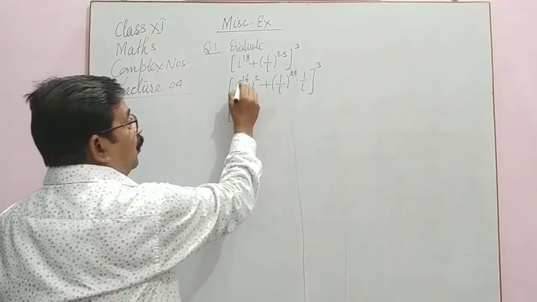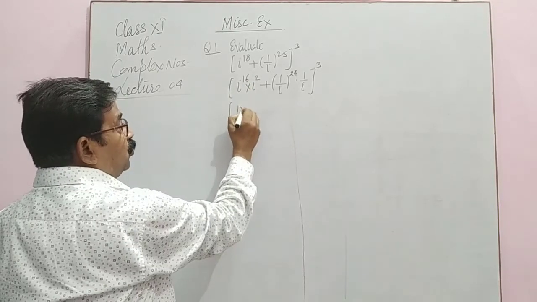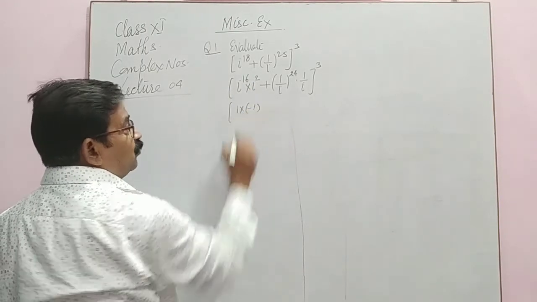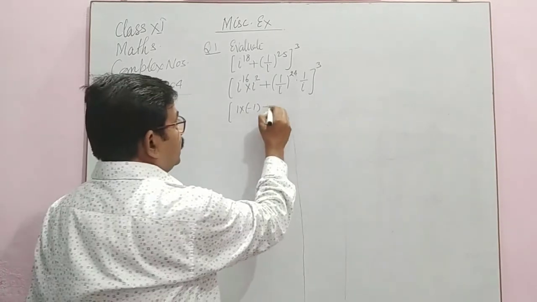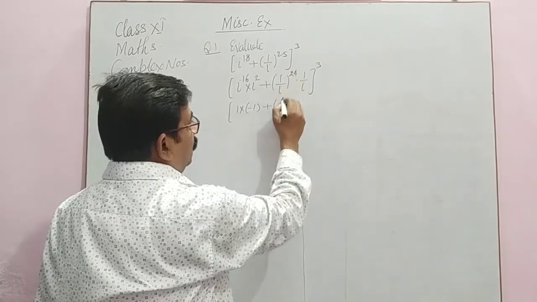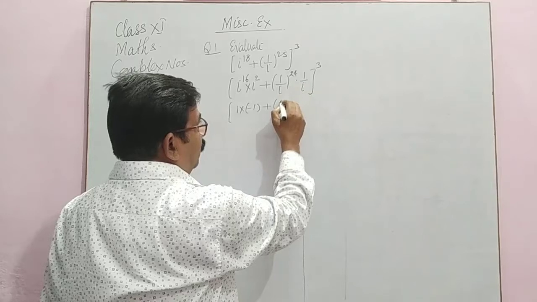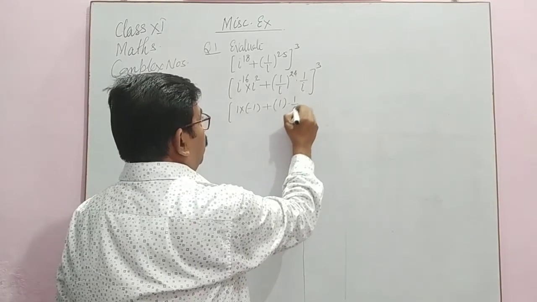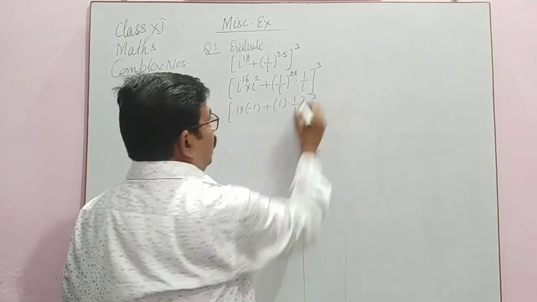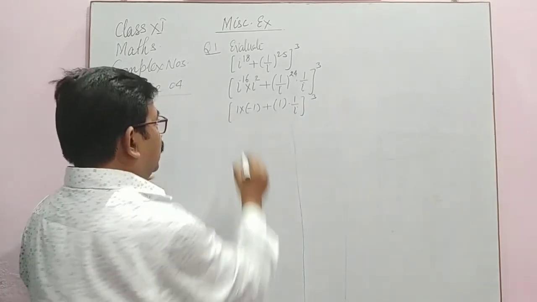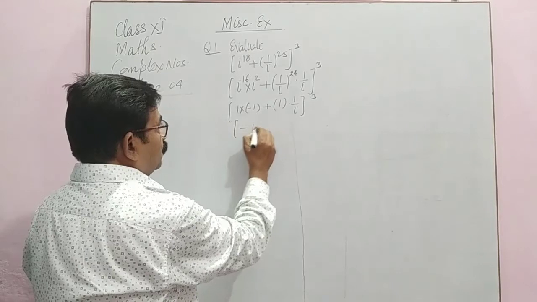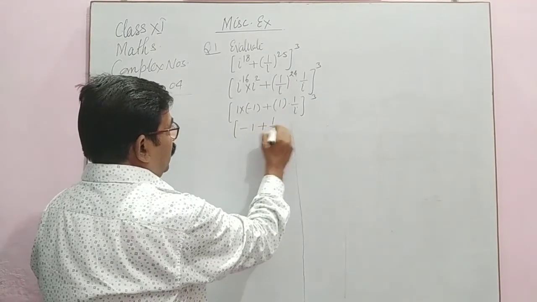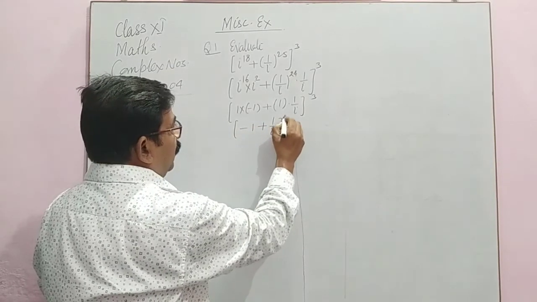See, I to the power 16 is equal to 1 and this is equal to minus 1, plus 1 upon I to the power 24, means it is a multiple of 4. So it is 1 into 1 upon I, whole to the power 3. See, this is minus 1 plus 1 upon I, whole to the power 3.